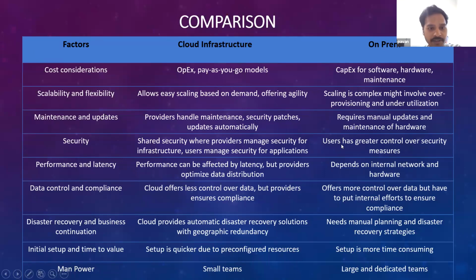Coming to performance and latency, performance can be affected by latency, but providers will optimize data distribution. For example, if a person sitting in another country is trying to access the application, and the organization has a user base all across the world, they can deploy their databases in all the regions, since the cloud is available in different regions across the world.